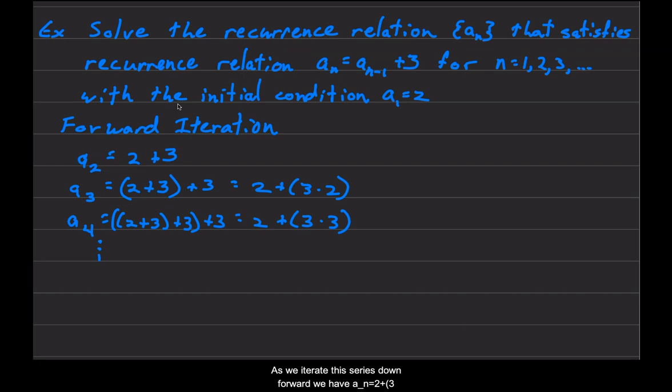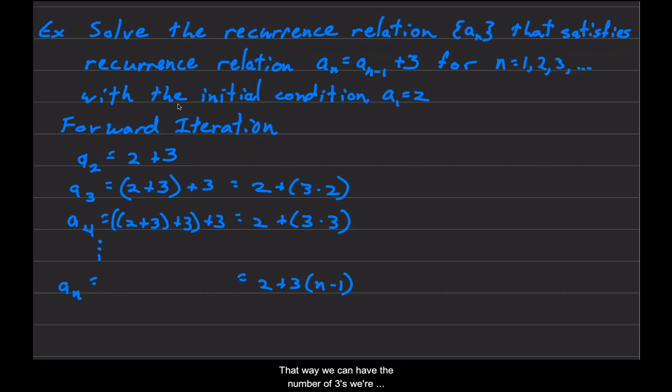So as we iterate this series down forward, we have a_n is equal to 2 plus 3. Actually, pull that 3 to the outside here, and we'll go n minus 1.